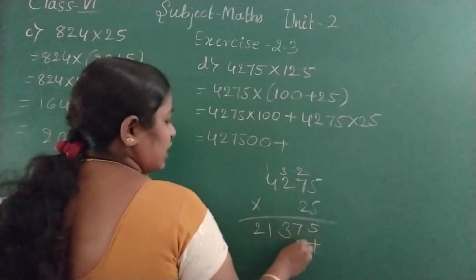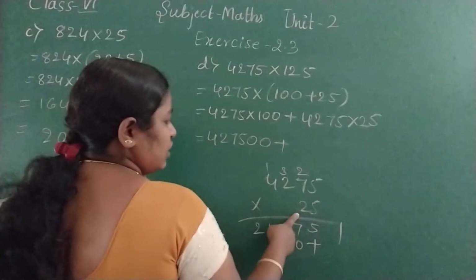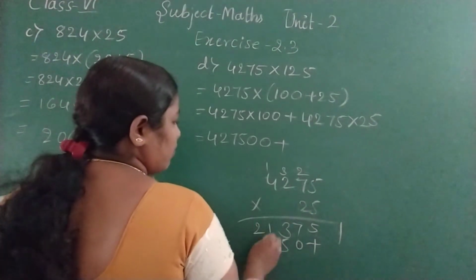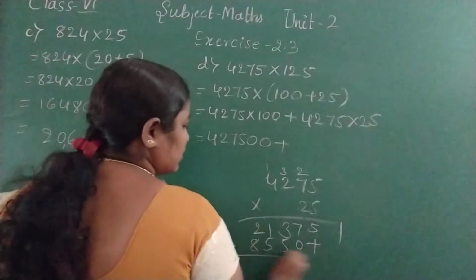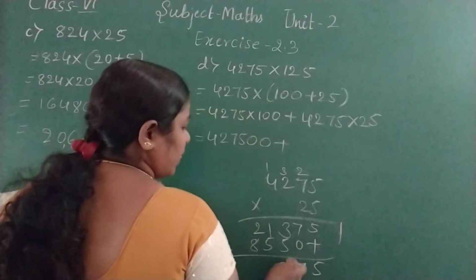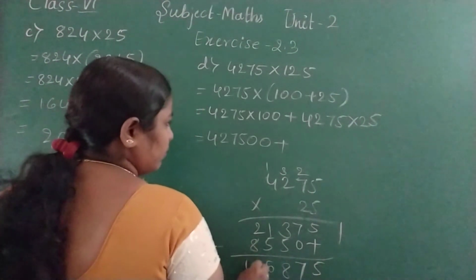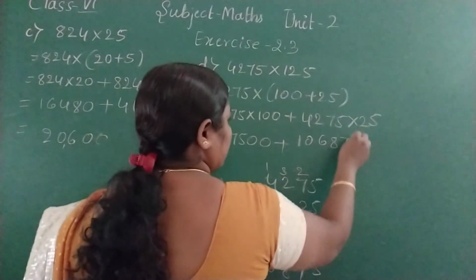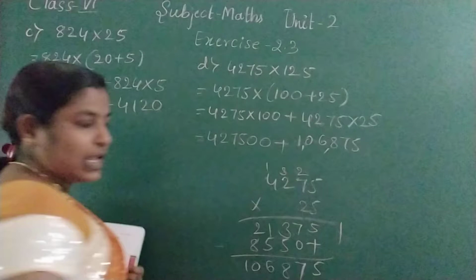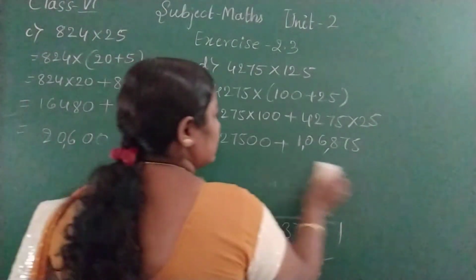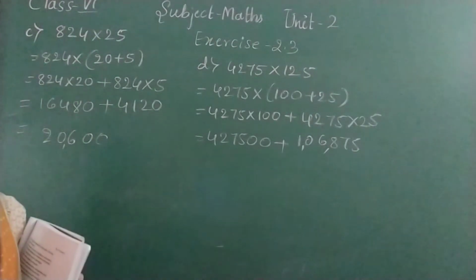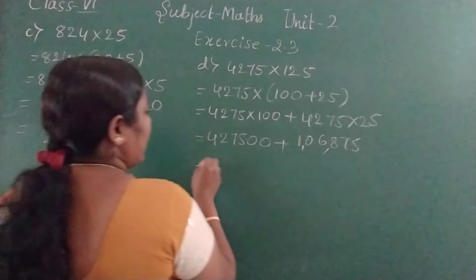Next, 2 5s are 10, 7 2s are 14 and 1, 15, 2 2s are 4 plus 1, 5, 4 2s are 8. So the multiplication is 106,875. So if you add these two, you will get the answer.